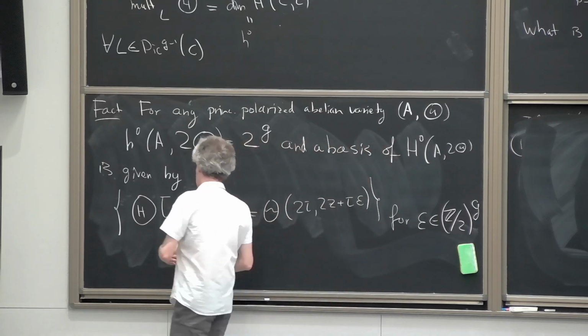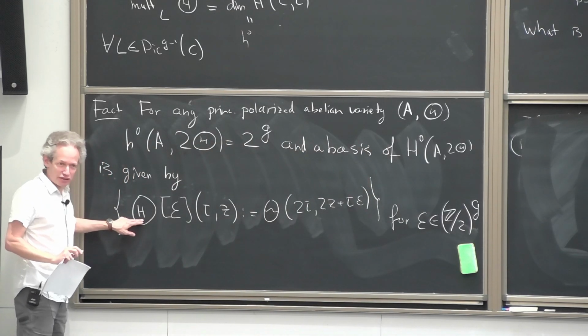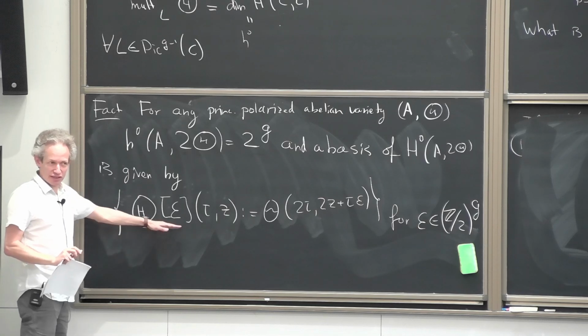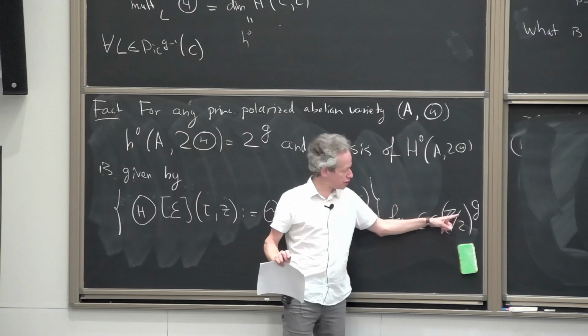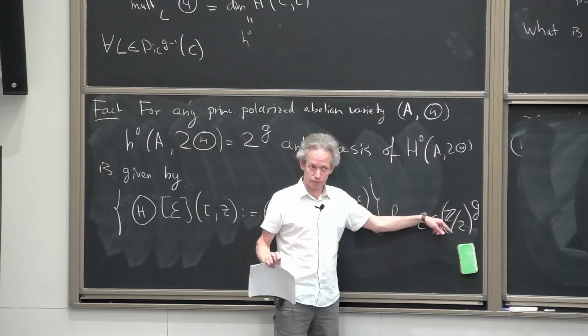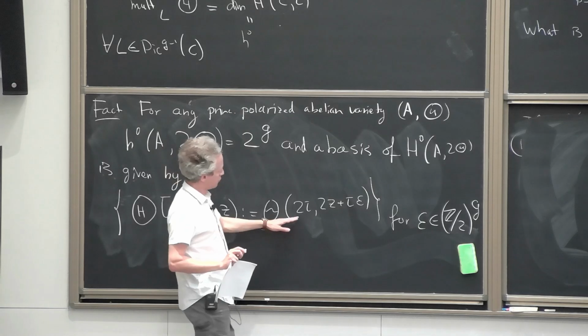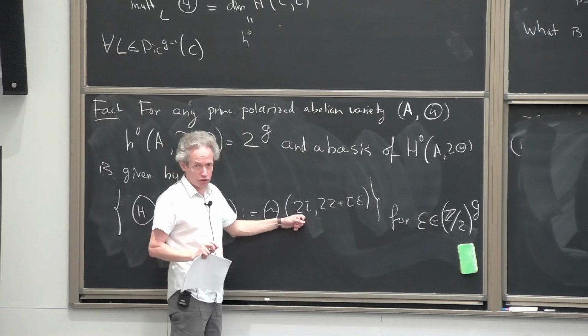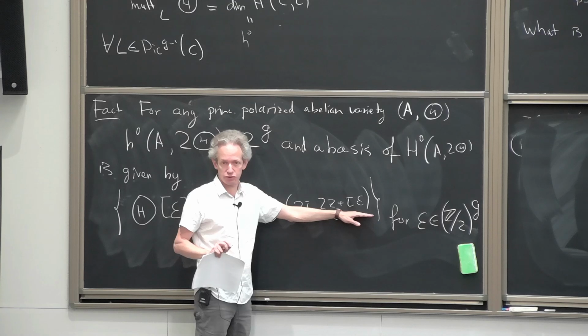Okay. I apologize for the notation. This means a theta function, not a theta divisor. There is no other notation, but it has this epsilon thing. So epsilon is a vector of g zeros and ones. Okay? And then what I do is I take a theta function, I evaluate it at 2 tau and 2z, which I shift by a 2 torsion point sort of.